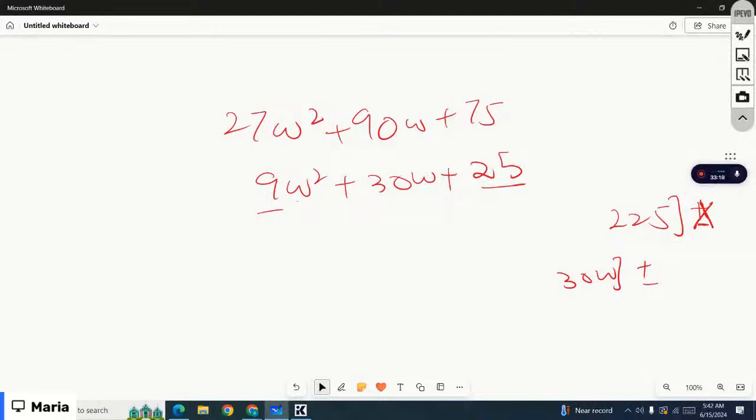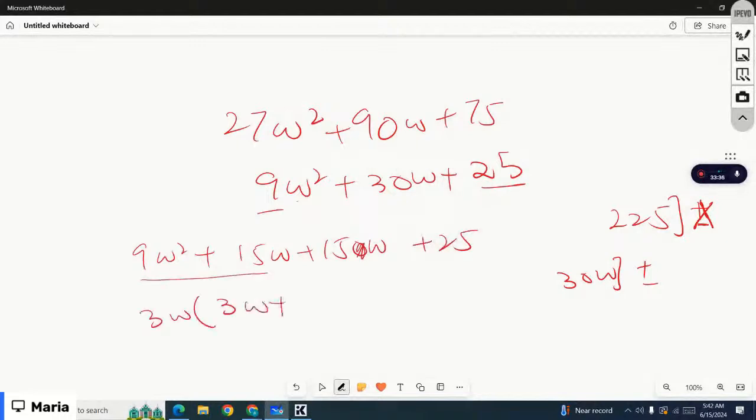So the factors are 15 and 15. They are 9w square plus 15w plus 15w plus 25. Here you can take common 3w. So 3 times 3 is 9, plus 5. Here you can take common 5. You are left with 3w plus 5.